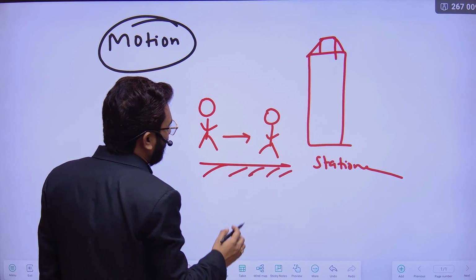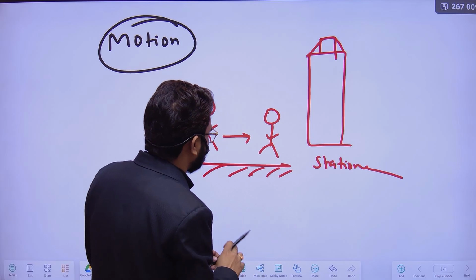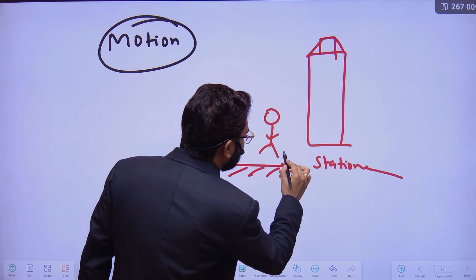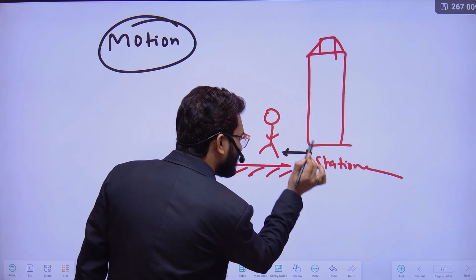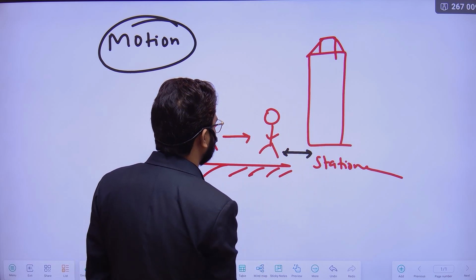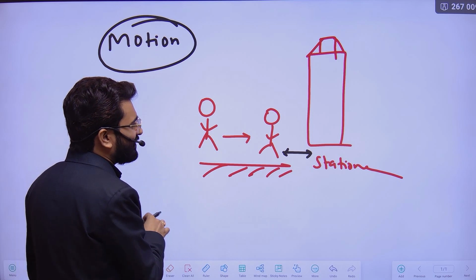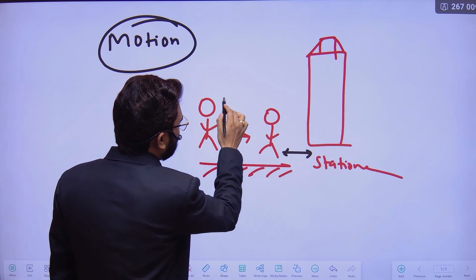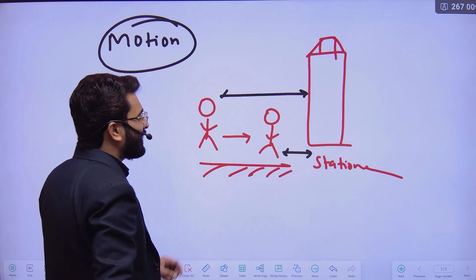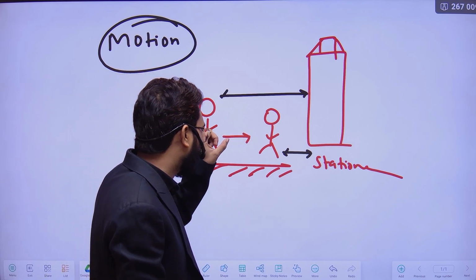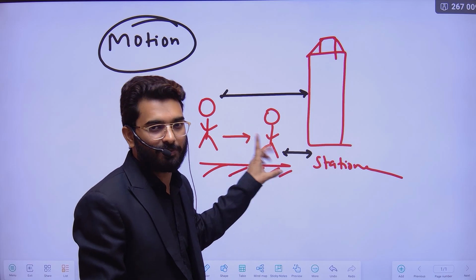So it's a distance measurement. Like here, this is the distance between this stationary object and this person, but here the distance between this stationary object and this person is this one. That means here it changes the position of this object with respect to time.